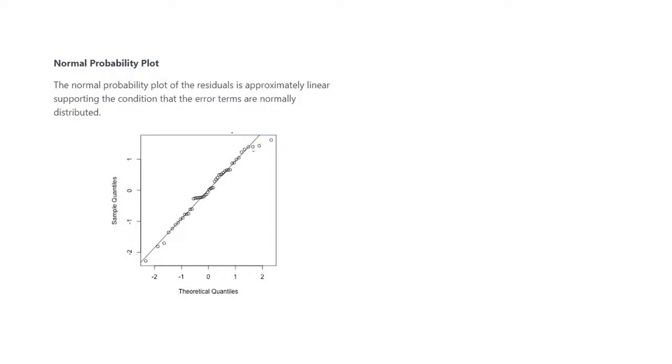Hence, we can say that the error terms are normally distributed. So, if your normal probability plot or QQ plot looks like this, then you can say that the assumption of normality holds.